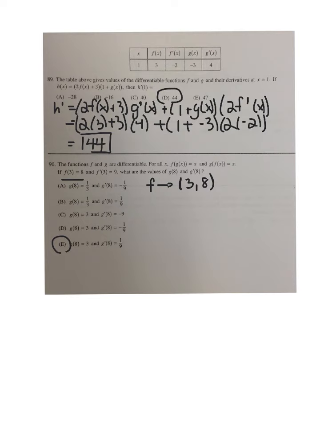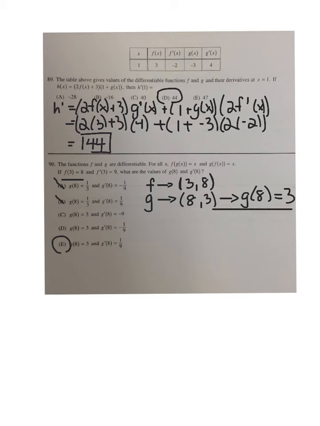Now, if f and g are inverses, then g will contain the point 8 comma 3. So therefore, I know here that g of 8 is 3. So I look through my answer choices and I know it can't be A, it can't be B, but it could be C, D, or E at this point.